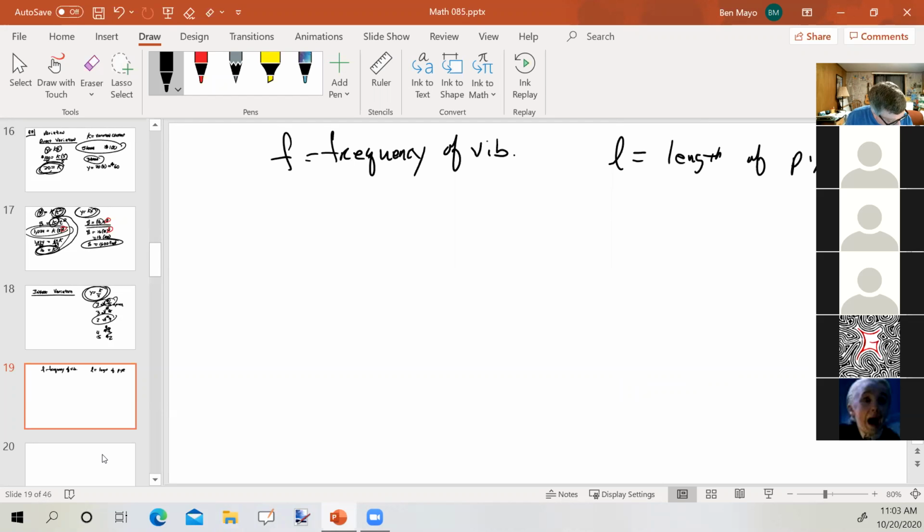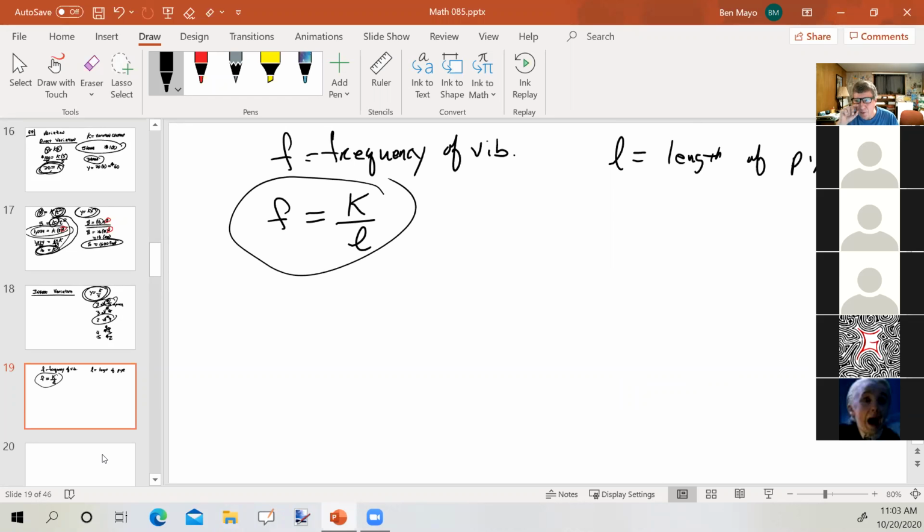It says the frequency of vibration varies inversely to the length of the pipe. So F equals K over L. Remember, K is always on top. The frequency of vibration varies inversely as the length of the pipe. So F equals K over L. Any question where I got this from?